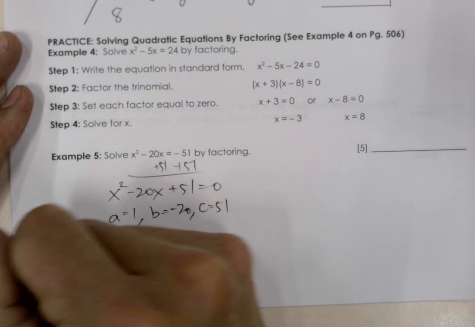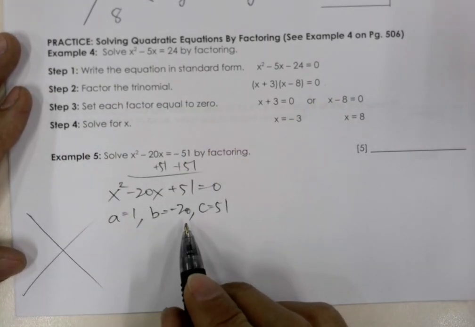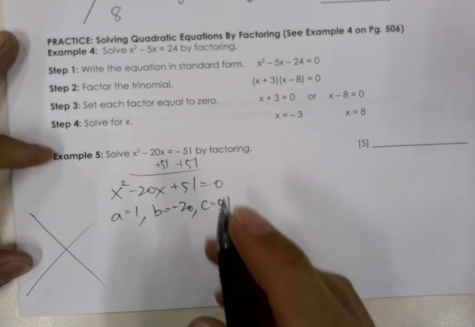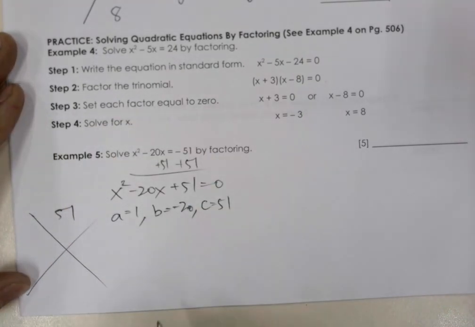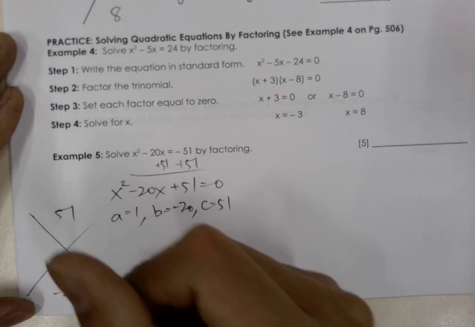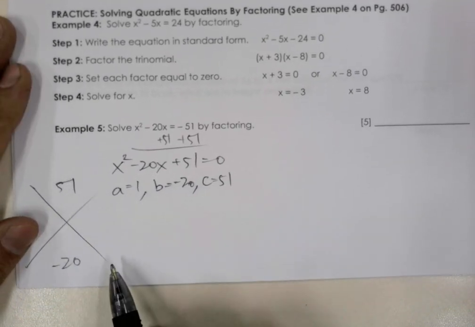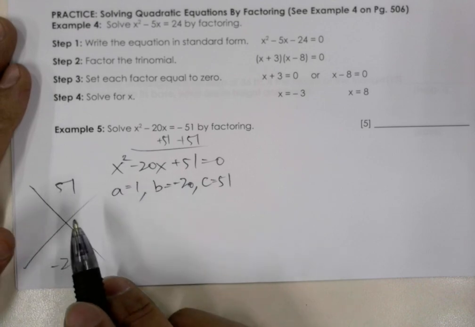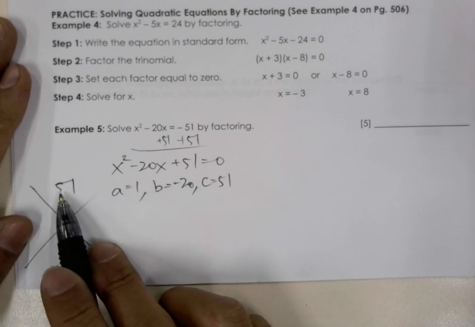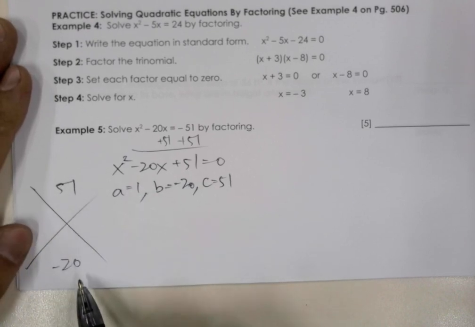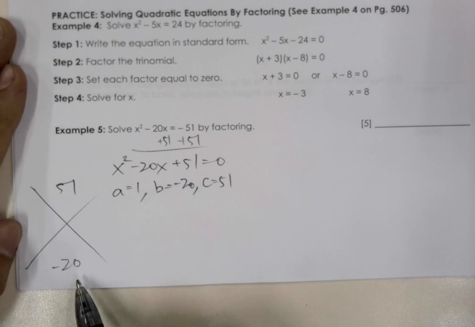So we draw our x, and 1 times 51 goes up in the top box, -20 goes in the bottom box. And now what two factors multiply to 51 and add up to -20?